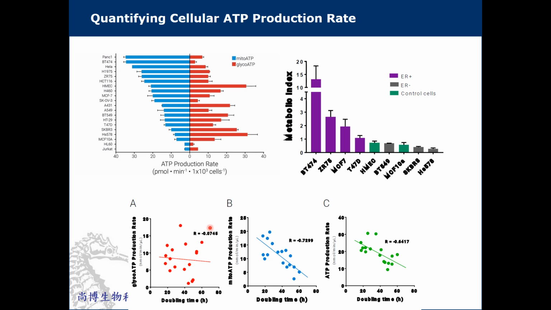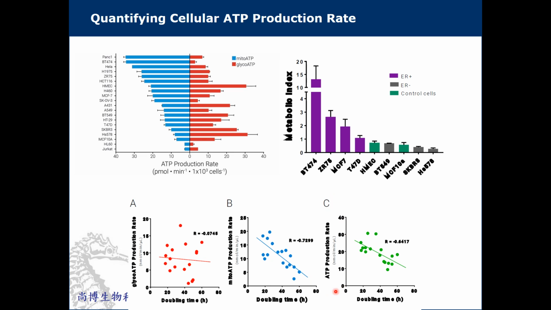And how about the doubling time? If your doubling time is shorter, it means you proliferate faster. We can find that the doubling time is not related to the glyco ATP production rate, but it is highly related to the mito ATP production rate. It means that in most cells, if you have a higher mito ATP production rate, then your proliferation rate will increase, because your doubling time decreases.